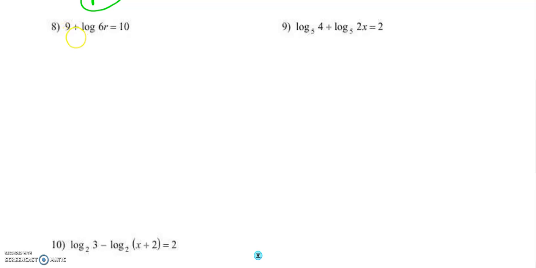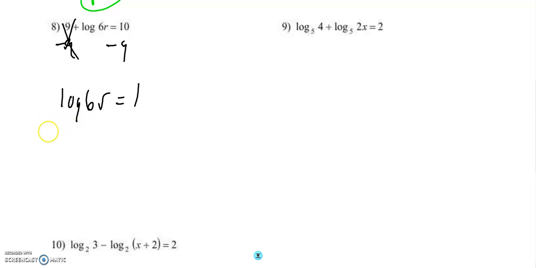But I'm going to do number 8 here. We need to isolate it, because we have one log, so we just need to isolate it. So I'm going to subtract 9, and now we have log 6r is equal to 1. Remember, since there's no base visible, that base is 10.